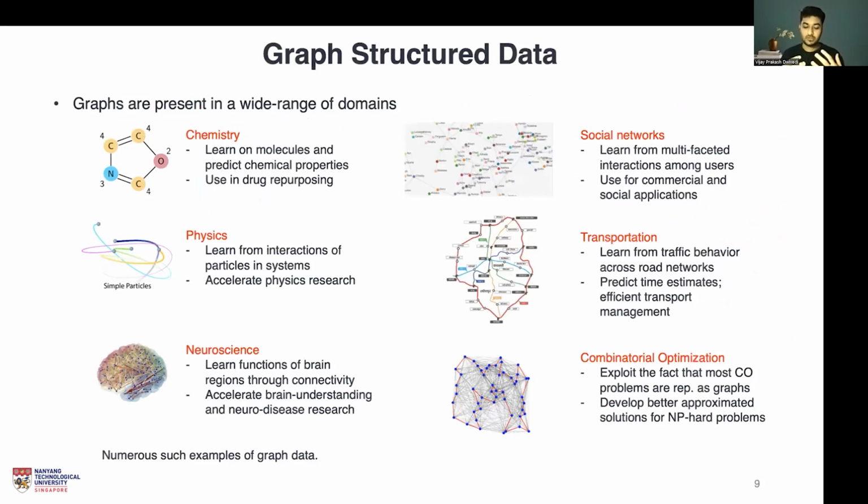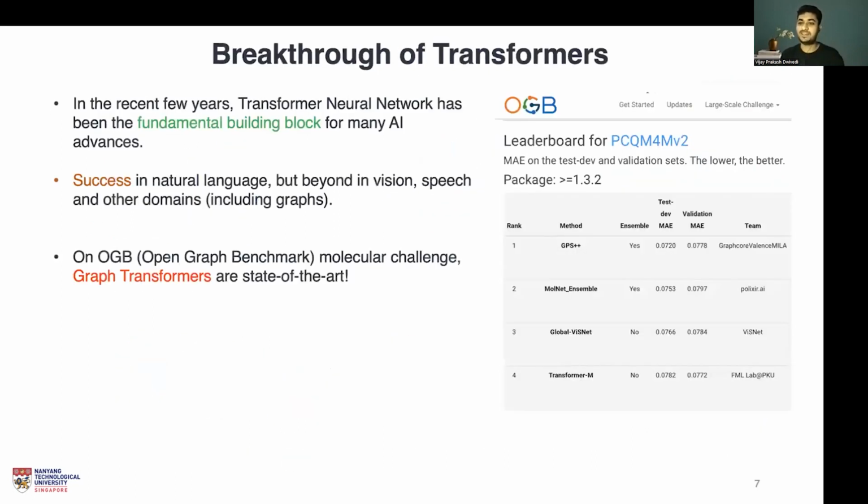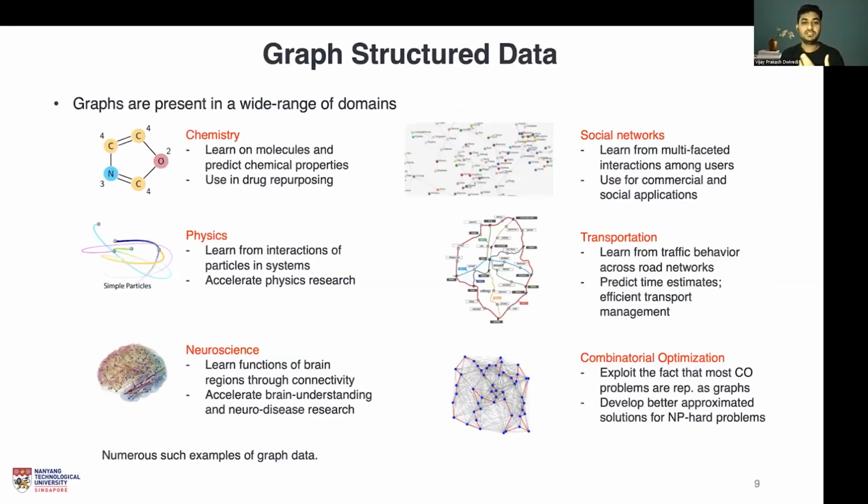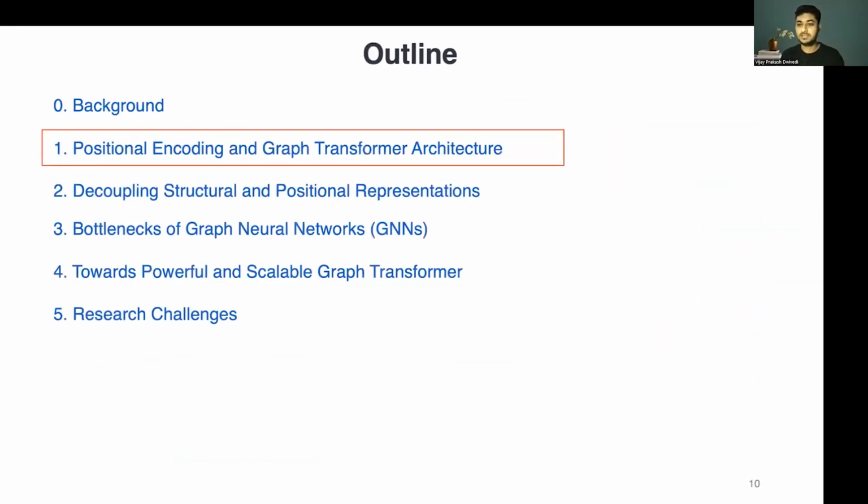But overall, because the potential for application on graph structure data is huge, and because transformers have been very impactful in the broader domain of deep learning, the motivation is to develop graph transformers and generalize transformers, making them powerful also for the domain of graphs, which have some different challenges compared to the regular domains of images and vision, where the data sets are more regularly structured, unlike graphs in which we have irregular, arbitrary structures present in the data sets.